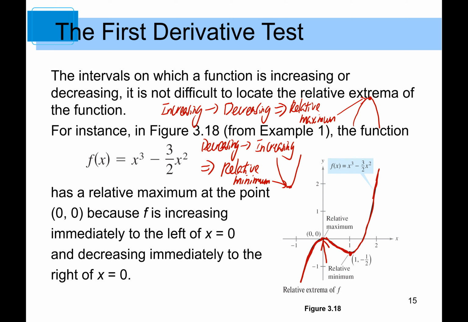So at this point, (1, negative half), that's a relative minimum here. Okay. So you can easily use this neat rule to determine the relative extremas.